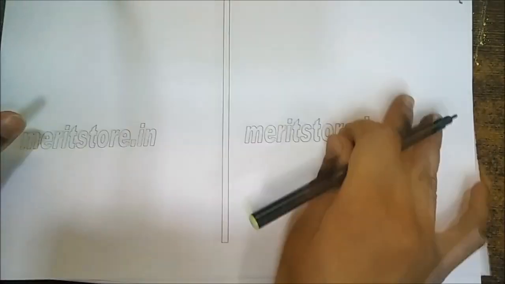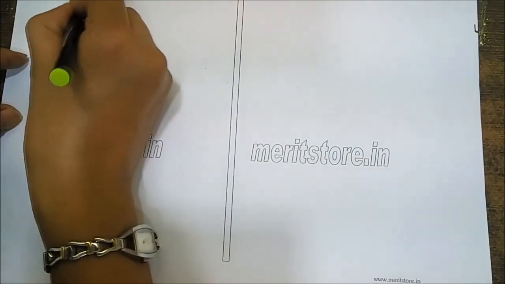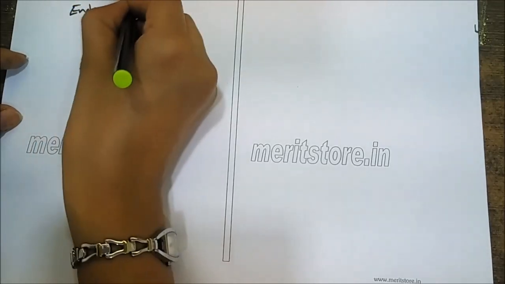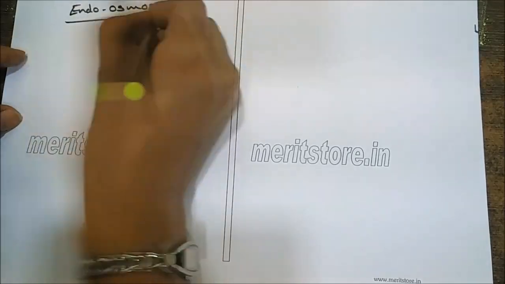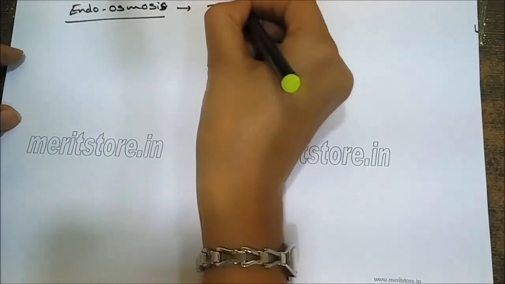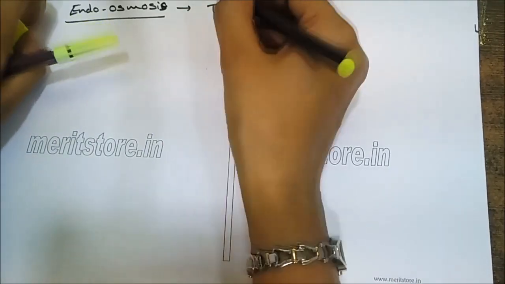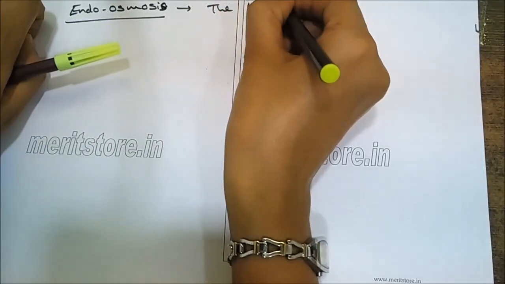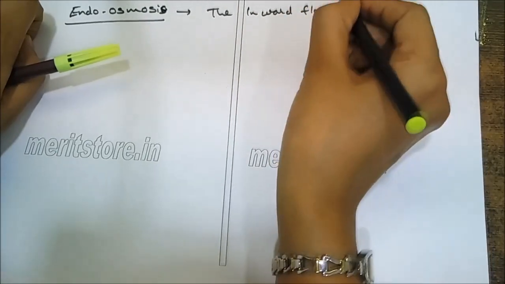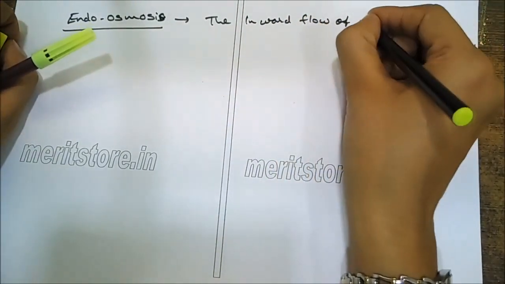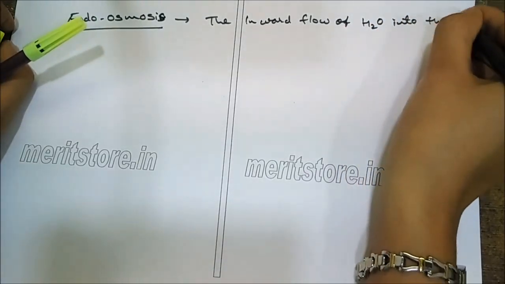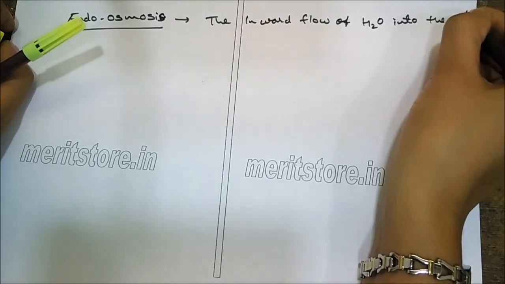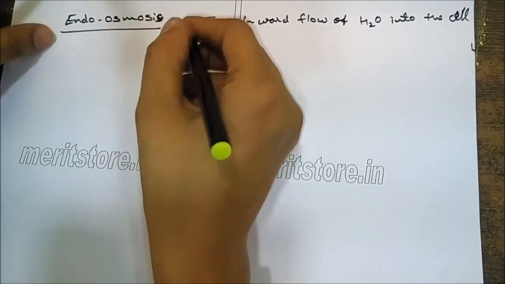The next one is endoosmosis. As the name suggests, water is going inside, the inward flow of water into the cell is called endoosmosis.